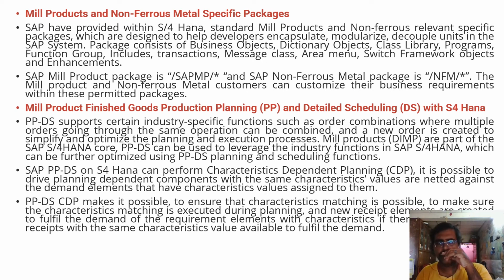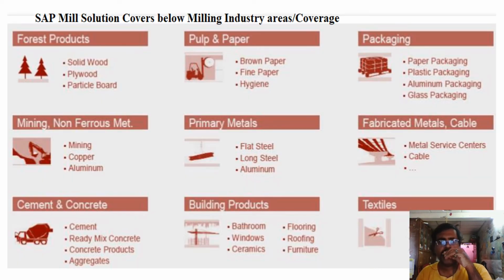So these are the important characteristics, and here I would like to cover the possible SAP mill solution coverage for the mill industry. For forest products, we have solid wood, plywood, and particle board. These are covered under the SAP mill solution, which SAP S/4HANA is covering.